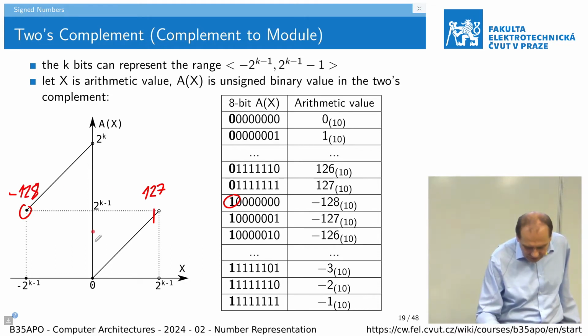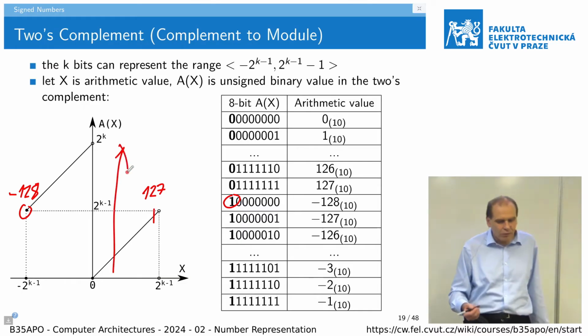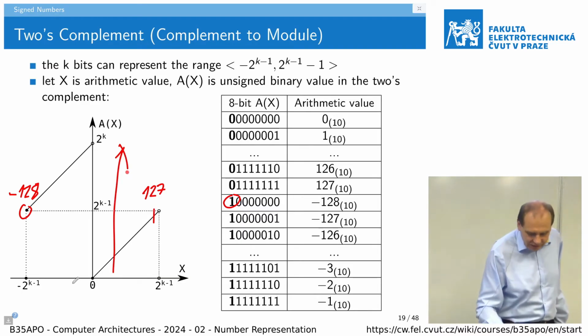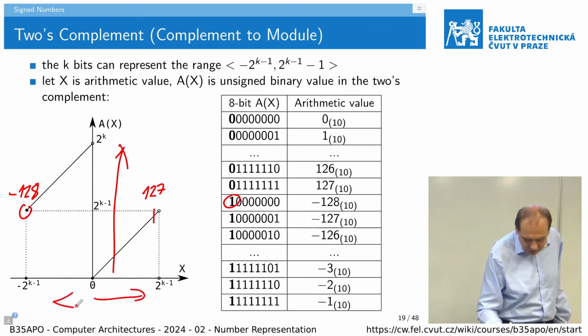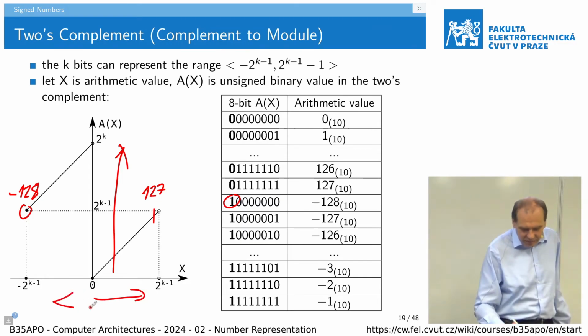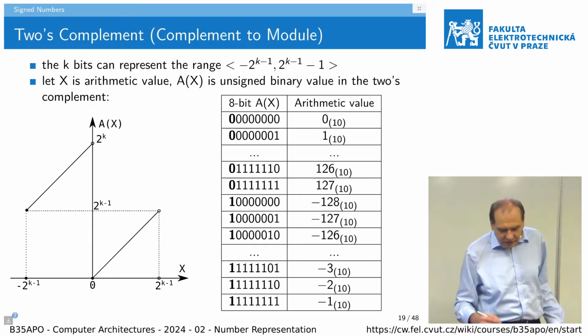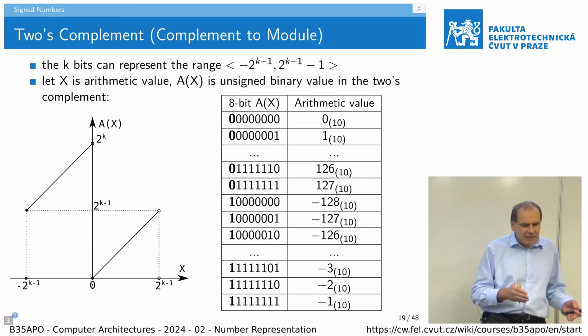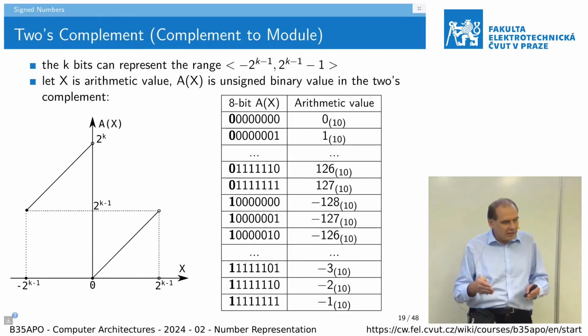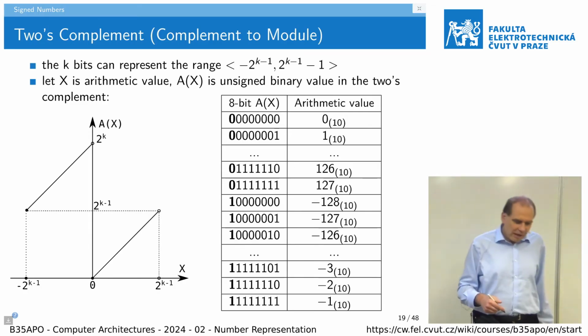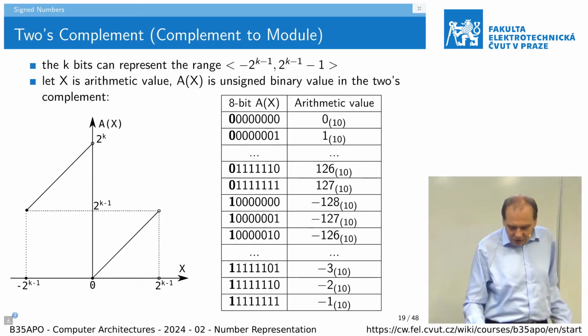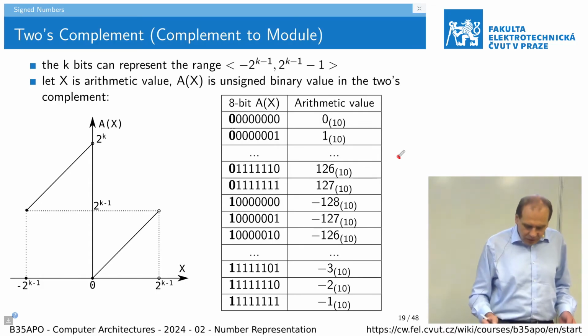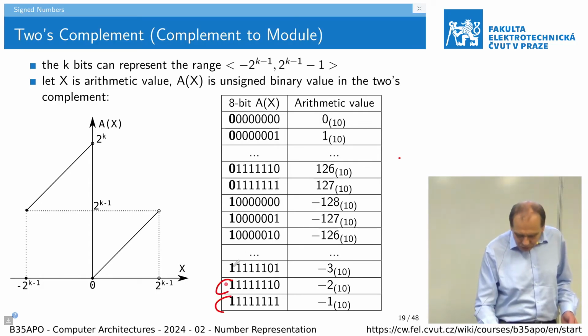So this is the unsigned value of the code representing the arithmetic value here. So it is AX and it is the arithmetic value. I divided in the description the arithmetic value, the arithmetical meaning, and the representation, which is what is stored in the memory. So you see minus 1 is this, minus 2, and so on.